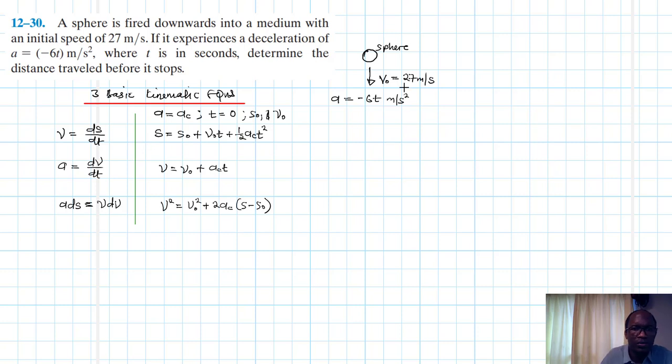Let me also mention that this v naught is taking place at t naught equal to 0, because we are told this is our initial speed when t is equal to 0.